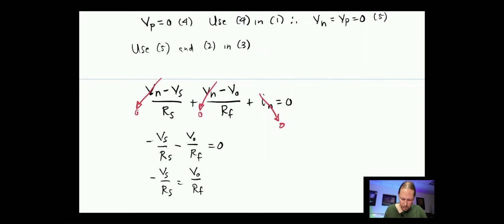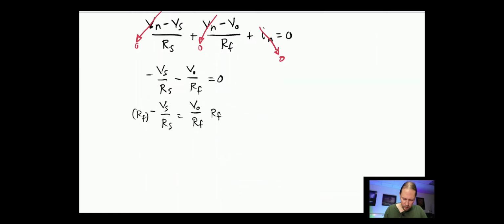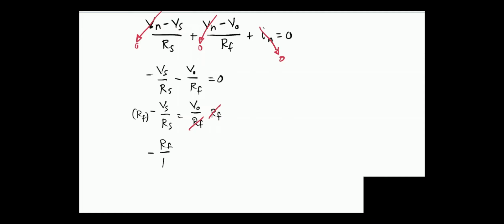If I multiply now both sides by R f, well, these two by construction cancel, and what we're left with is minus R f over R s times V s, and that is equal to V naught.